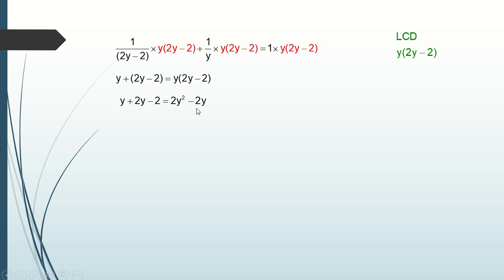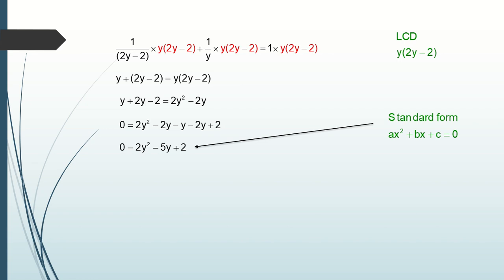Y times negative 2 is negative 2y, and because this is a quadratic equation, we are now rushing to find the standard form, and this is our standard form. And from here you can factorize and then find your y values. Y equals half or y equals 2.